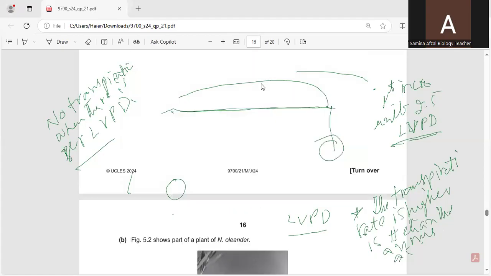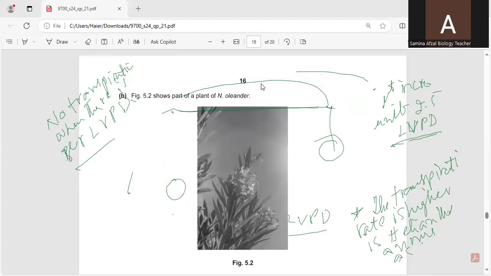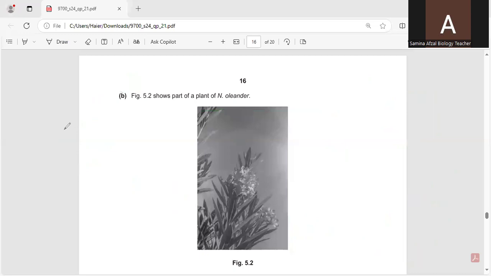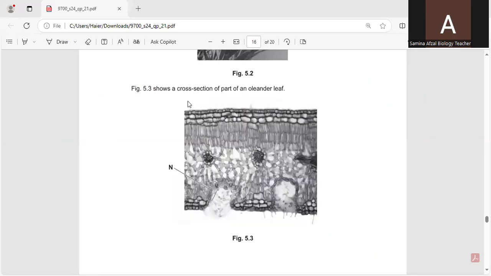So we are moving towards the next question. Figure 5.2 shows part of the plant of Nerium oleander, and you can see this plant on screen, and it shows a cross section of part of an oleander leaf.